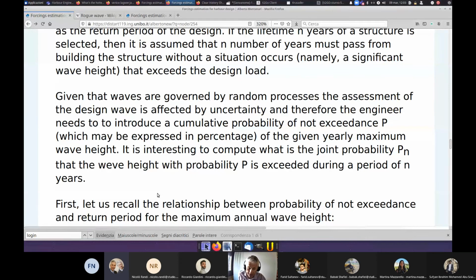And in particular, let's recall what is the relationship between probability of not exceedance and return period for the max annual wave height.